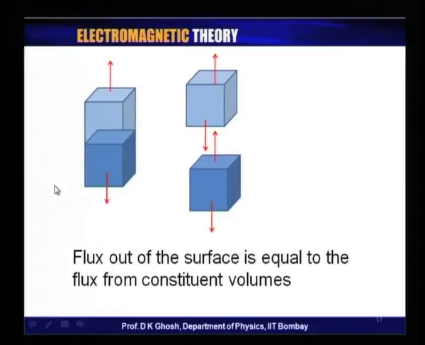Now, supposing I split this volume into 2 smaller volumes. I take a section and just split it. Now, when I split it, remember, nothing has happened to the direction of the normal to the top surface, and nothing has happened to the normal to the bottom surface.